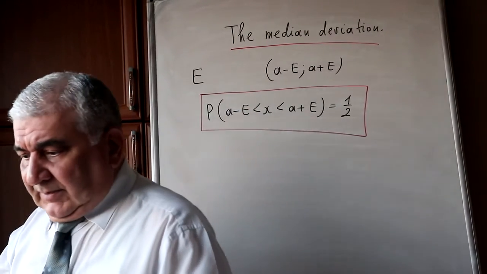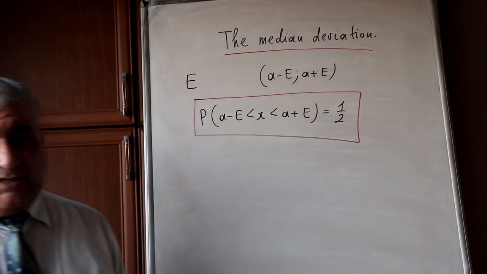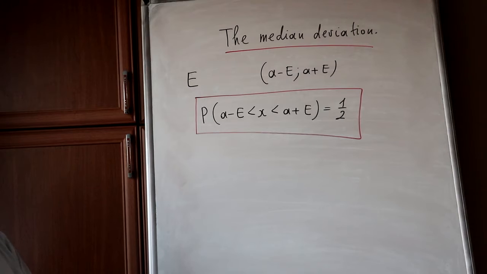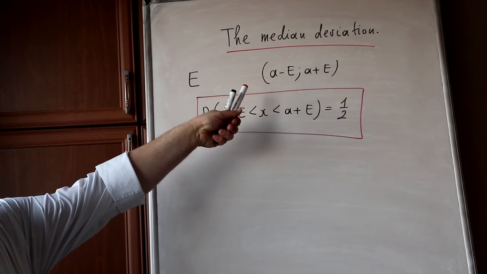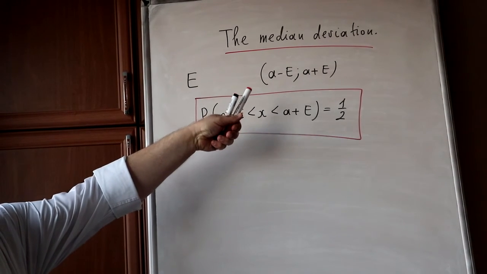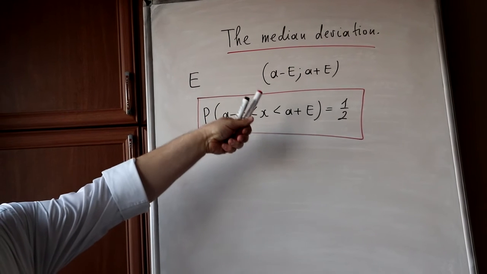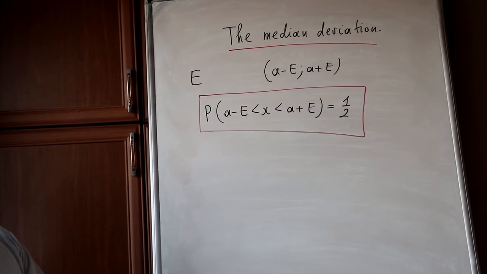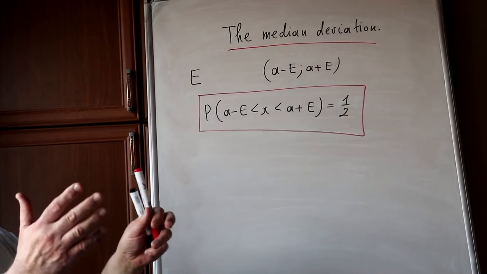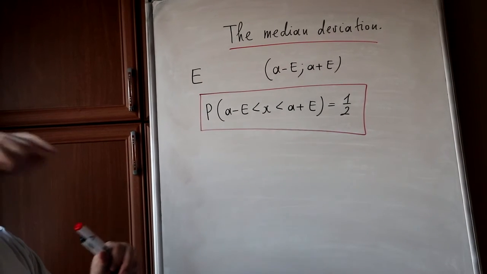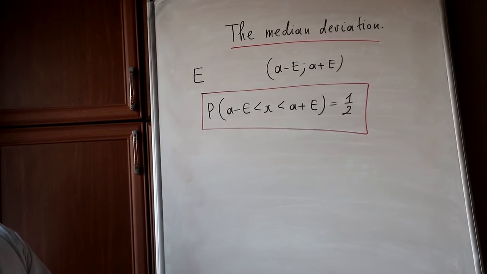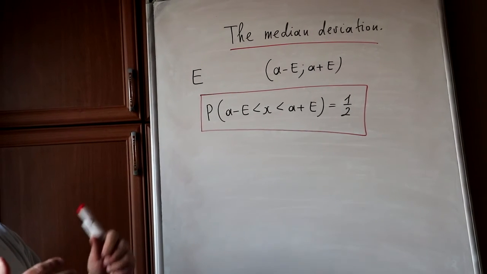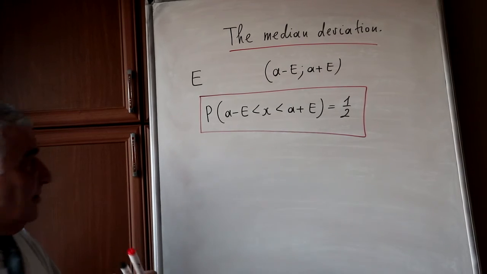Then also you know that for normal distribution it is a symmetric interval. Here A is the symmetry center and E capital is the radius of the symmetric interval. And you know that the probability that the continuous random variable with normal distributive density will fall into the symmetric interval doesn't depend on the symmetry center, and here we can take A equals 0.